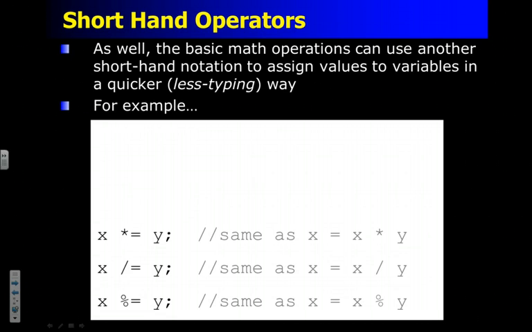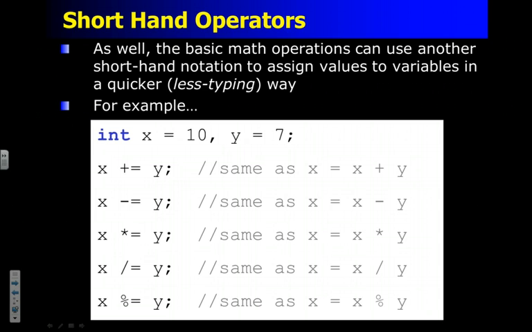Okay, now if you want to get even more shorthandy, this is an example of some other stuff you can do, and this was, again, available in C# as well. You can put plus equals, minus equals, even multiply equals, divide equals, and even mod equals to mean the same as x equals x plus y or x equals x minus y.